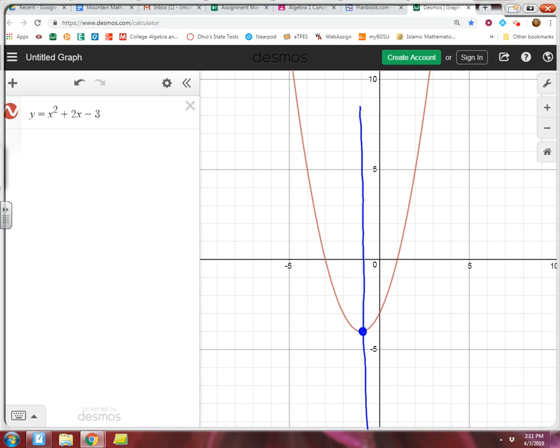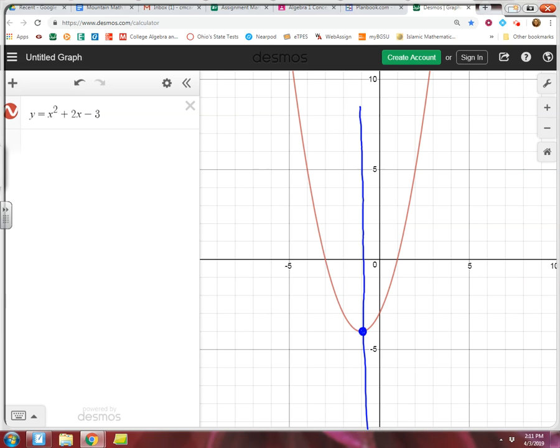Look at letter B in your directions. Letter B asks you for the axis of symmetry. What kind of line is this? It's vertical. So which axis does it not touch? The y-axis. If it never touches the y, it can't have a y. So what is it going to start with? An x.